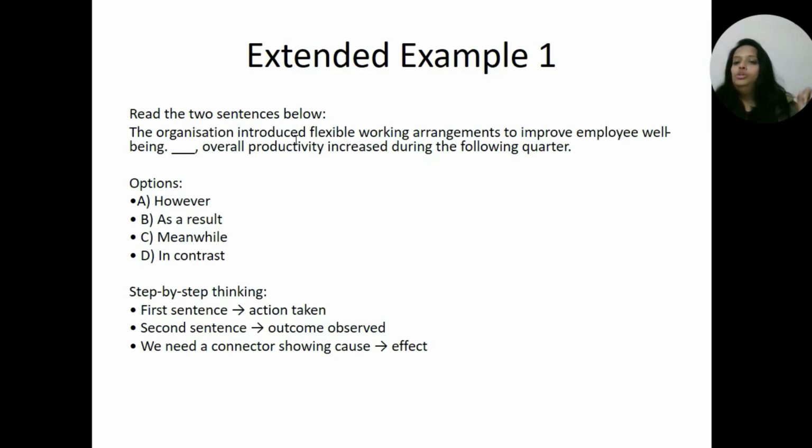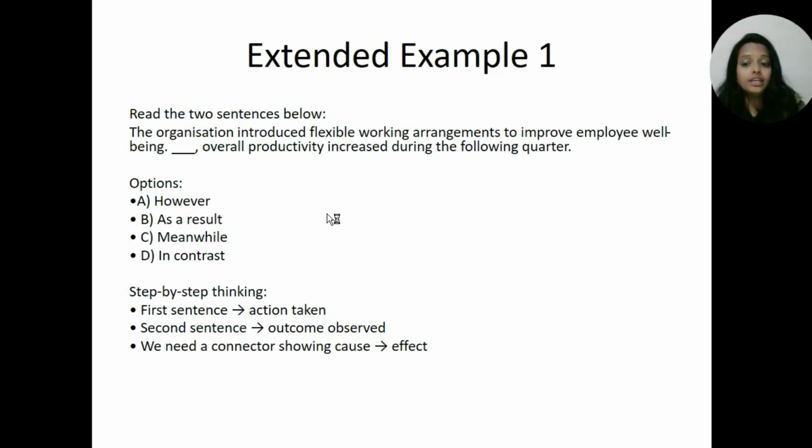Now, you have to do a step by step thinking. What is the first sentence? That is the action taken, right? And the second sentence is the outcome observed. So the first sentence here, the organization introduced flexible working arrangements to improve employee well-being. They have introduced a flexible working arrangement. So that's an action taken.